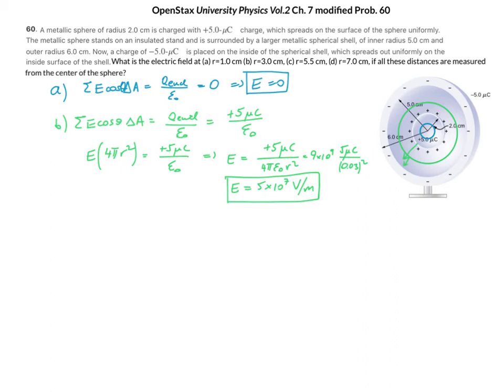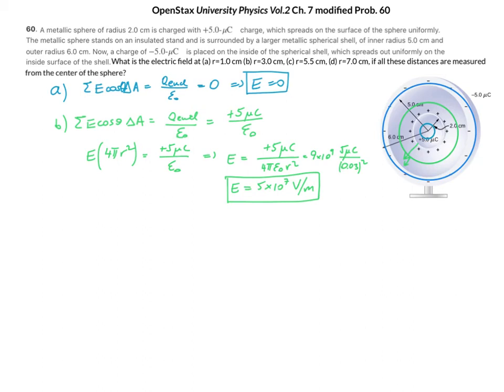All right. For part C, so now we want the electric field at 5.5. So I want to draw a circle. Let's see if I can manage that. Inside here, the circle in the problem is not circular. So the electric field is inside my spherical shell.